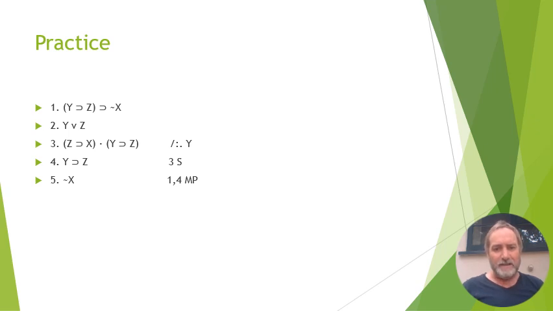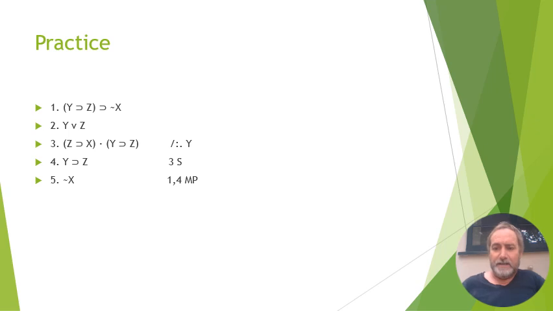Why did I take Y then Z? Because it is the antecedent of the conditional on line 1, right? So 1 and 4 is an MP, right? Maybe you don't see that right away. You just notice that 3 is a conjunction. You say, okay, I'm going to break it up. And then once you've broken it up, you say, okay, now what I can do. And maybe at that point you realize, oh, actually I can use line 4, right? I can do an MP with line 1 and get not X on its own. Kind of cool.